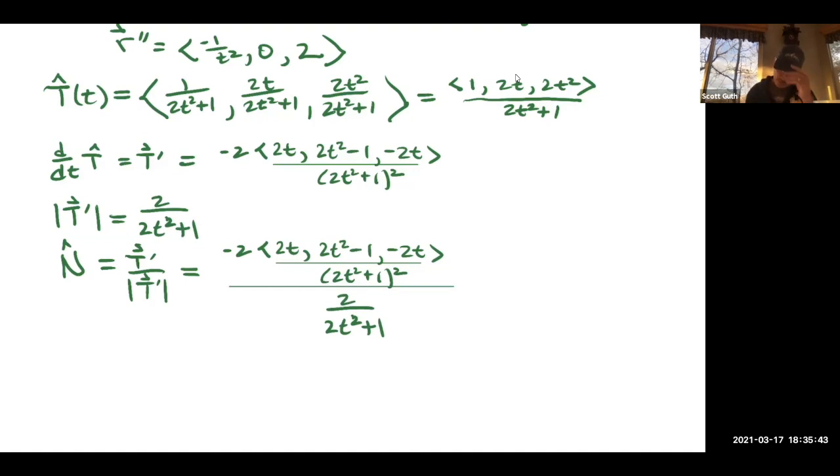Okay, and I think we're going to have some cancellation. Looks like the twos cancel, but I'll still have a minus sign. So I think I'll hang on to that minus sign out front just for a minute. So you're going to have a 2t, a 2t squared minus 1, and a negative 2t. I don't like that minus sign, so we'll get rid of it in a second. So that'll be over just 2t squared plus 1.